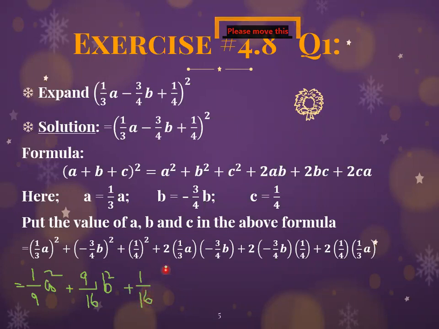Now move on to this one. Here you have plus and here you have minus. So plus minus will be minus. Now here what you will do, you will cancel it. 2 and 3 cannot be cancelled, but here you have 2 ones are 2, and 2 twos are 4, so it gets cancelled.